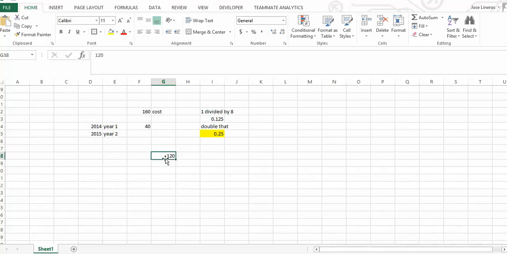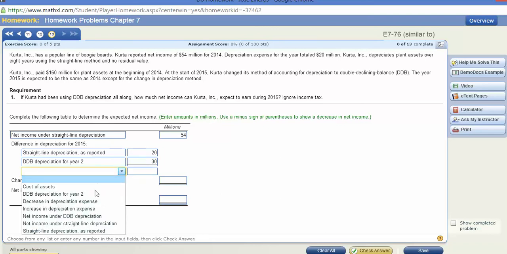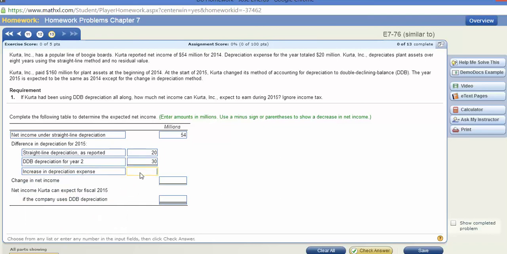So 120 million times 0.25 gives us 30 million. This is all in millions. Okay, so we would have had in year 2, 30 million. The increase under double declining balance in depreciation expense is 10 million.